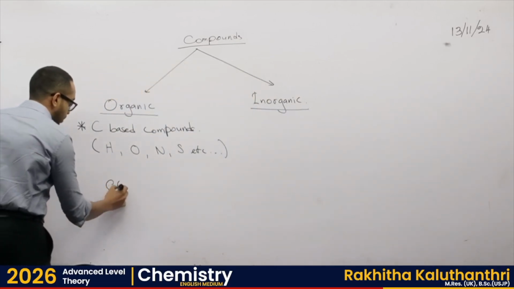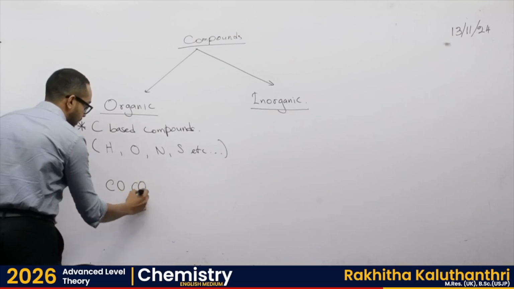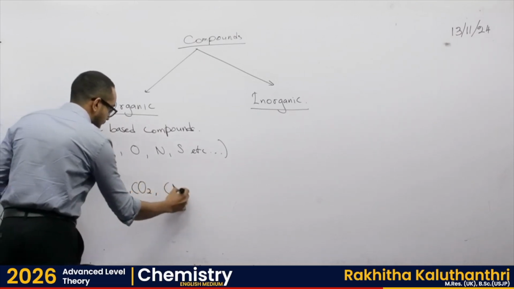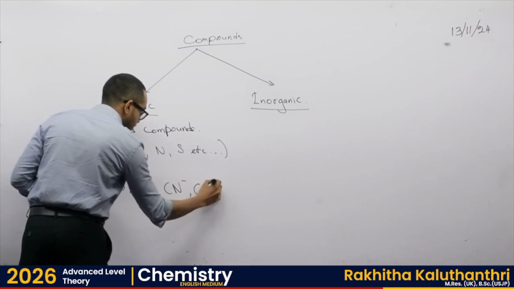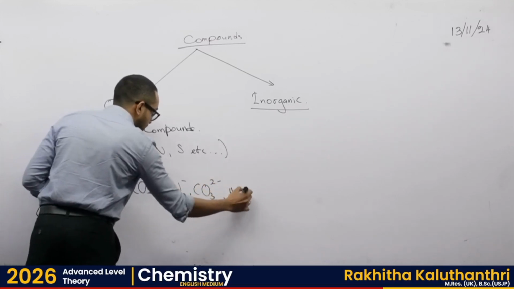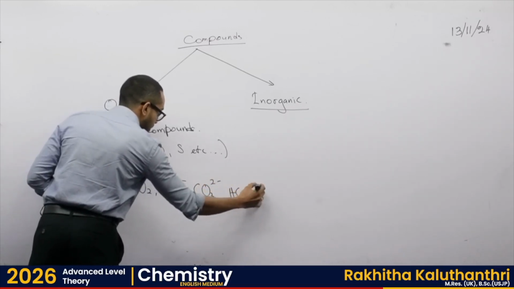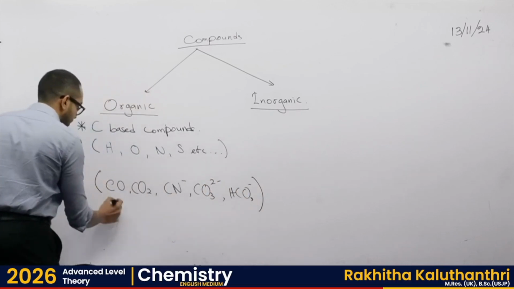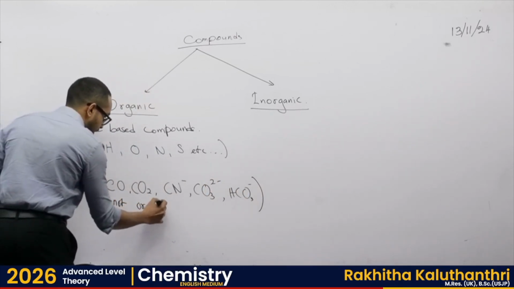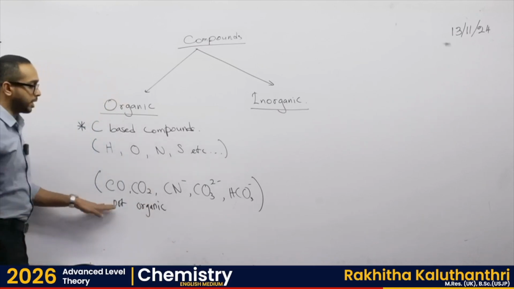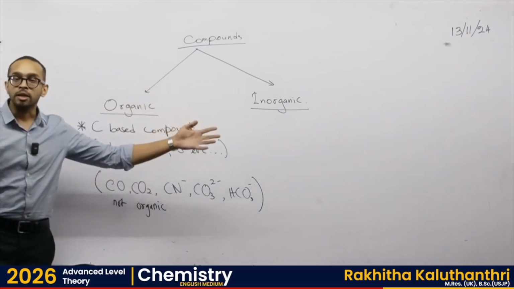Things like carbon monoxide, carbon dioxide, cyanide, carbonate, bicarbonate, these are not organic. These are, for ease of naming, we have categorized them under inorganic, right?